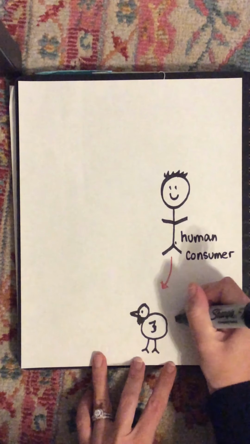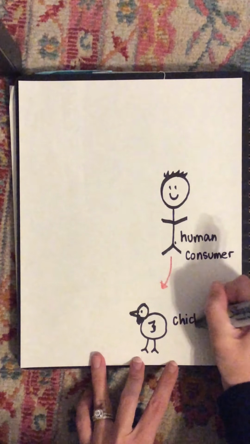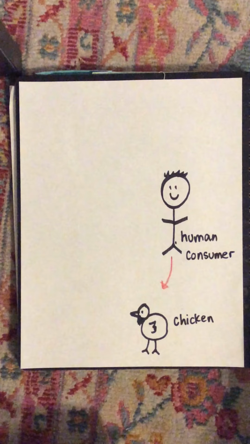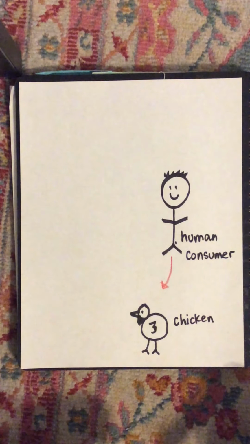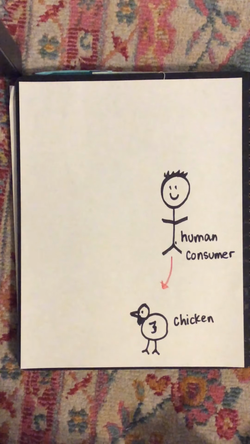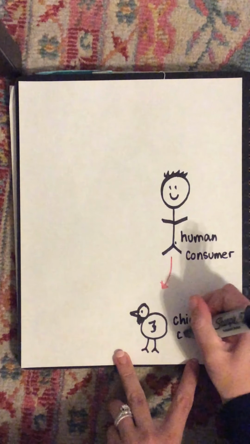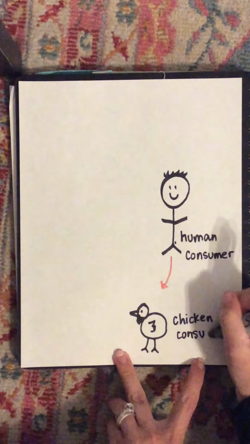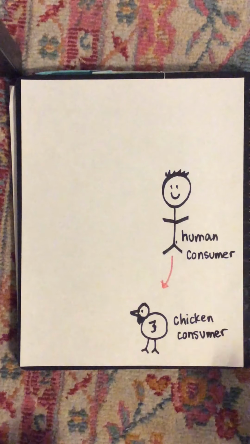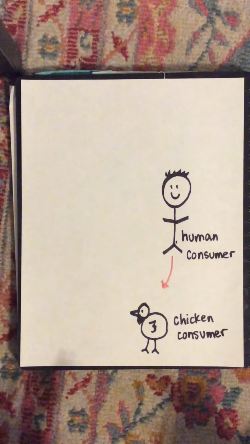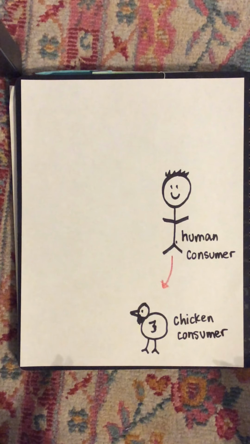We're going to label our chicken. Now, what do you think we label our chicken? Is it able to make its own food from the sun? If not, then it's also a consumer. Now, this one might be a little tricky for you.